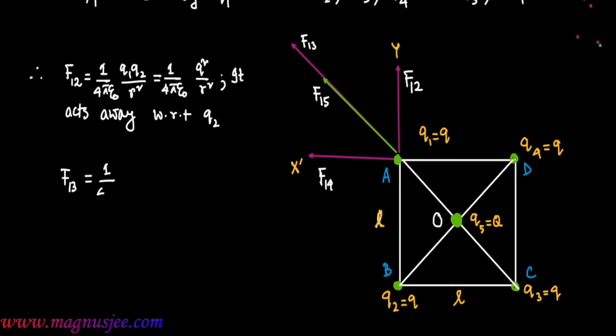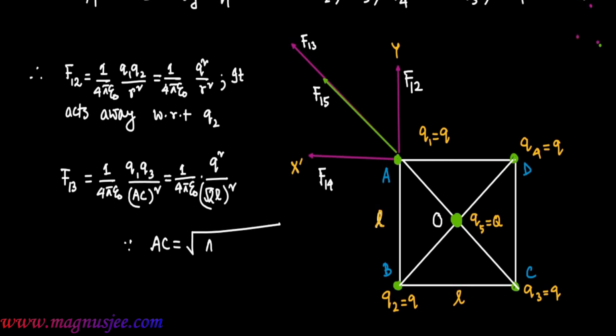Similarly, F13 will have the same expression, that is 1 by 4 pi epsilon 0 q1 q3 divided by CA whole square, not AC whole square, it should be CA whole square, which equals 1 by 4 pi epsilon 0 q square divided by root 2 L whole square.